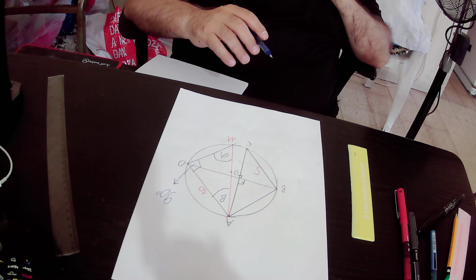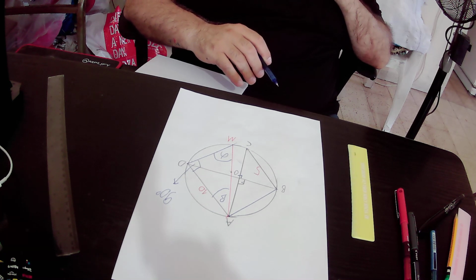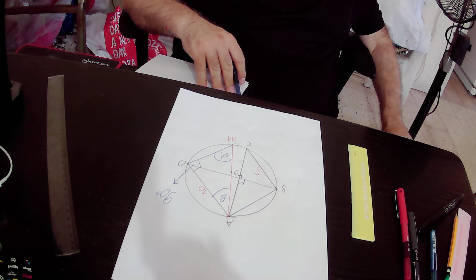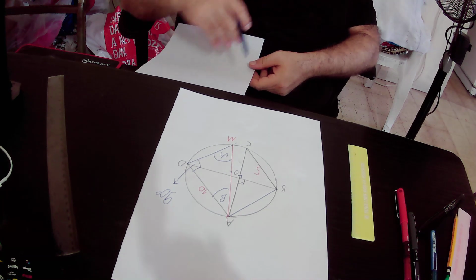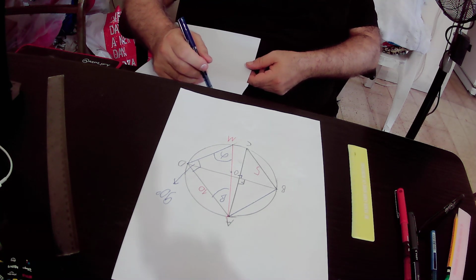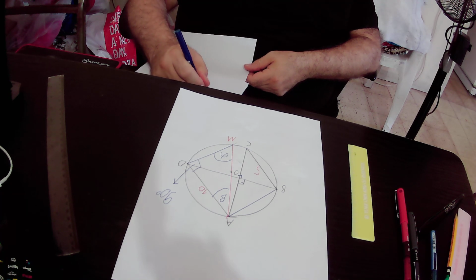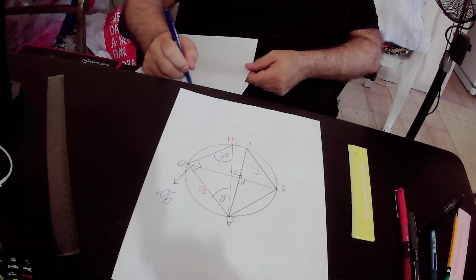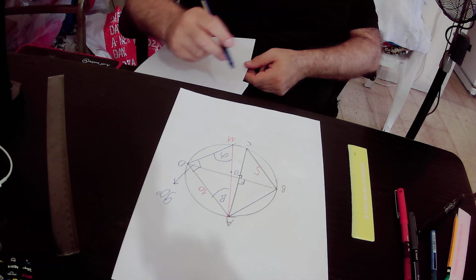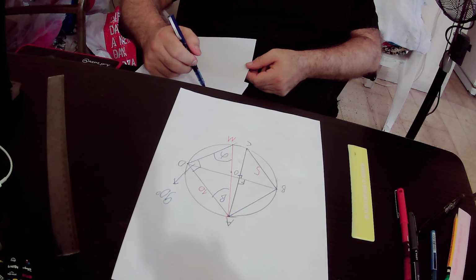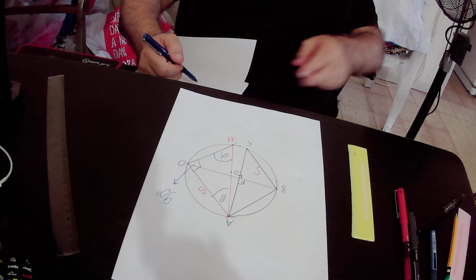we will first of all talk about rule number 2. We will arrive to this right triangle ABL after I explain rule number 2.